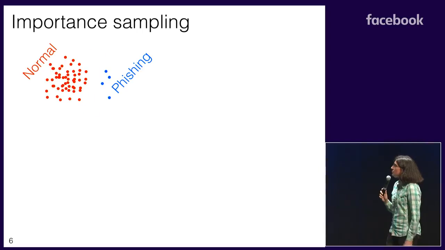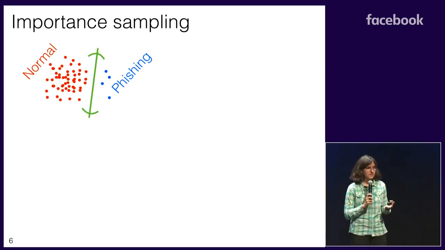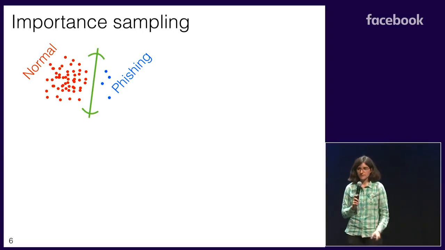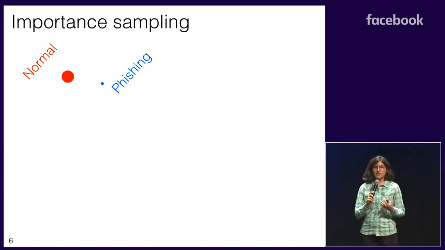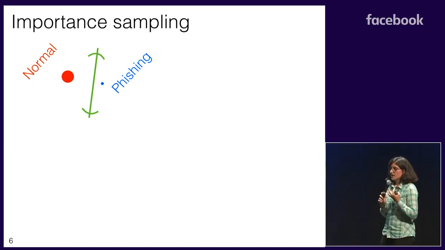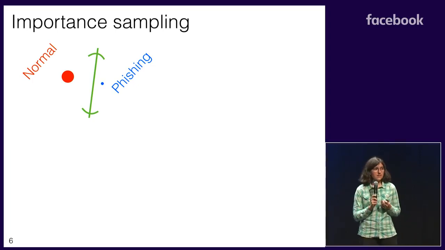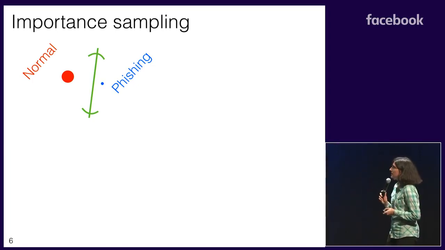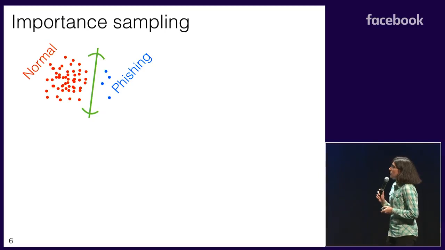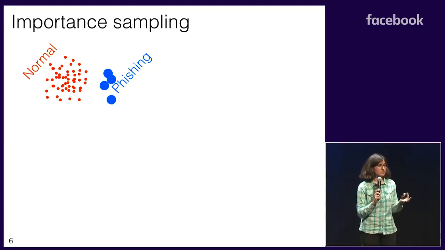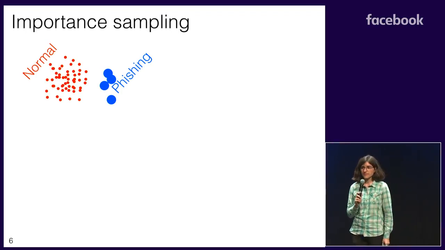So let's just recall what we're trying to do is we're trying to calculate this posterior, and that's too expensive. So what we'd like to do is find this core set that represents our data such that when we run approximate posterior inference on it, it looks like if we had run it on the full data. And so what we're going to do now is say, well, what if we just put in some big importance weights on the phishing data?